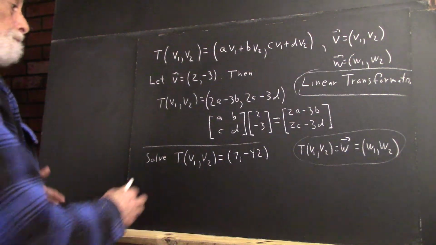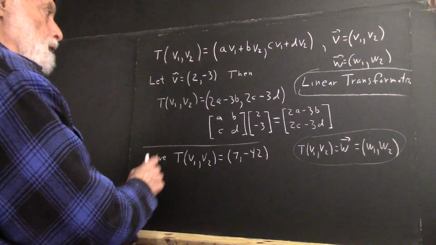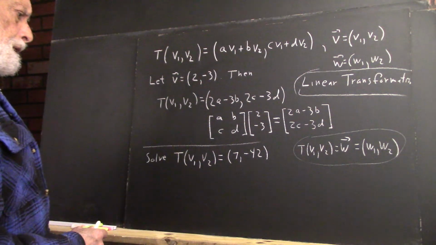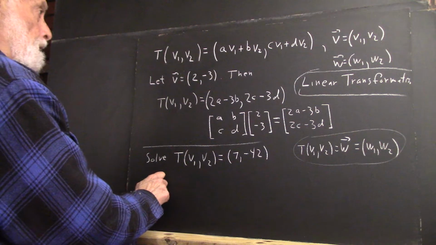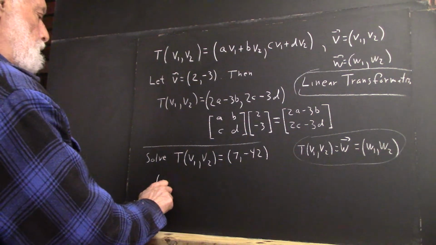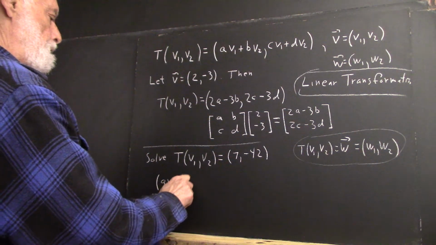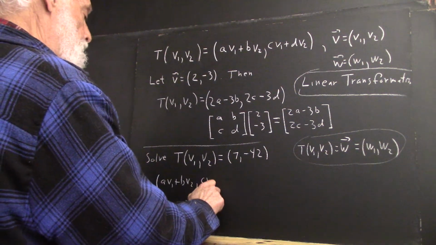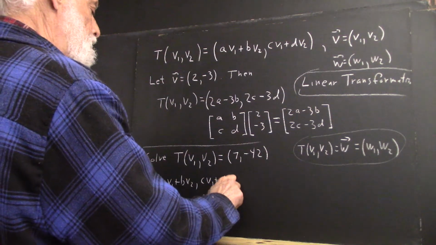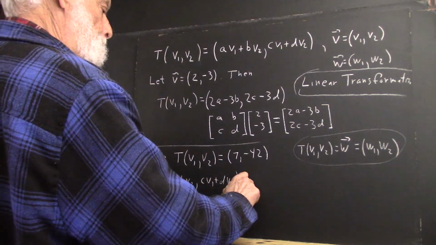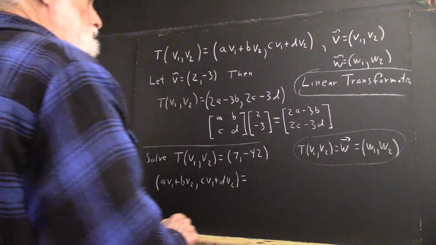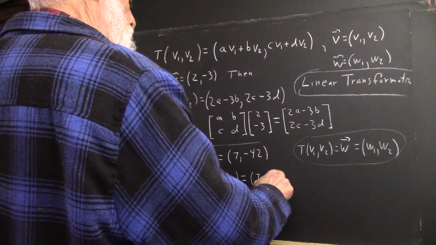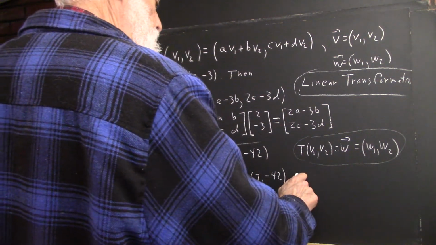If I write out the equation, T of (v1, v2) is a v1 plus b v2, c v1 plus d v2, equals (7, -42).